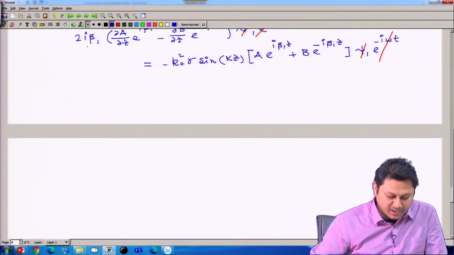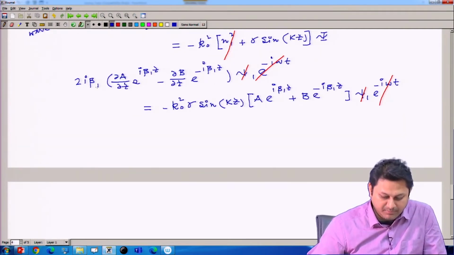by dividing. Now, what I do, I divide 2 i beta 1 from left hand side and right hand side, and also I divide e to the power i beta 1 z, so that I can have a free term like del A del z.